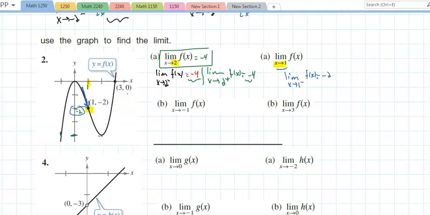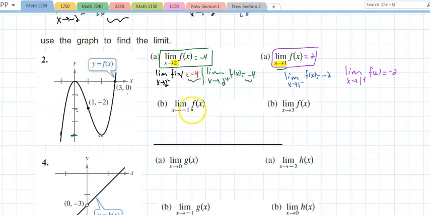If I take the limit as x approaches 1 from the right, well, did I say 2? I meant 1. There is 1, but from the right side, along this path, as I get very, very close to x equal 1, I notice y is also negative 2. So that would be negative 2, since the limit from the left equals the limit from the right. If the graph is continuous, normally this is very simple to do, not very challenging.